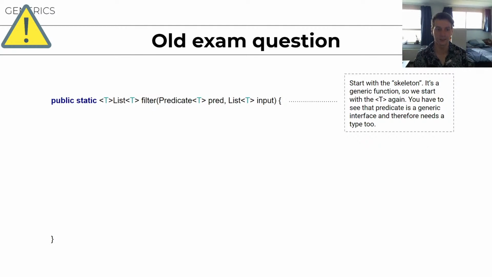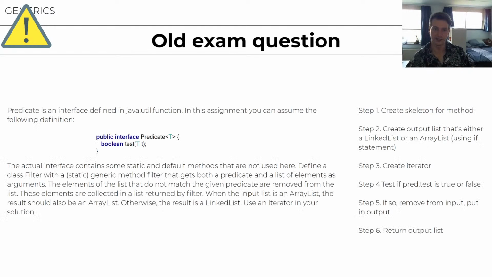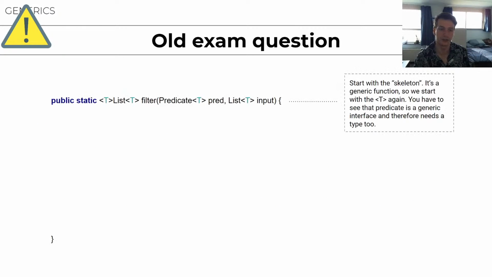We know the return type, a list of T, and the name, which is filter. We also know it has two input types: Predicate<T> pred, as I call it here, and List<T> input. The Predicate<T> pred is something I derived from the page before, where they gave the definition of predicate.